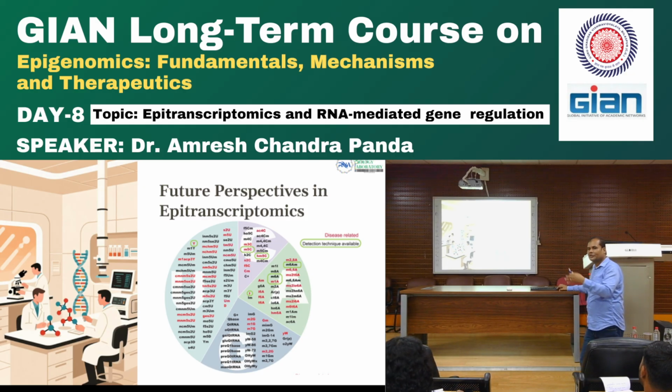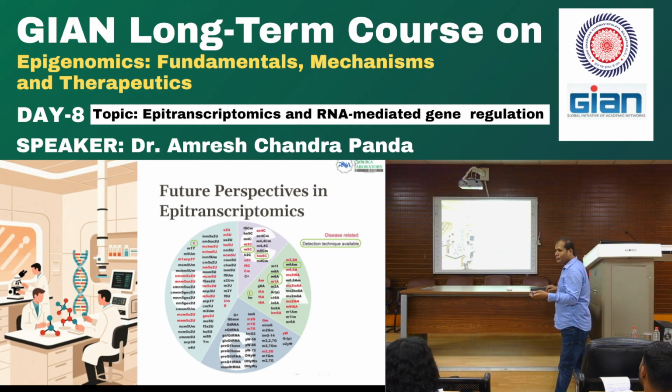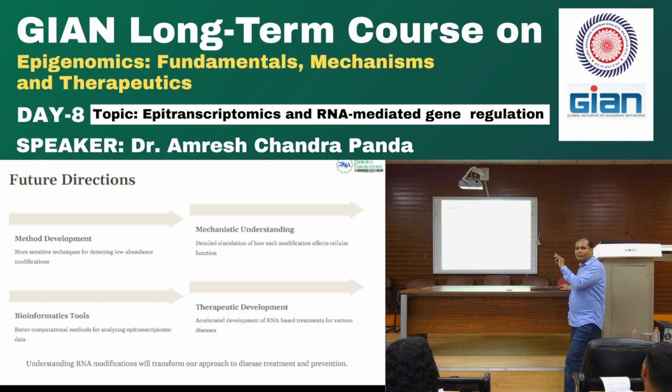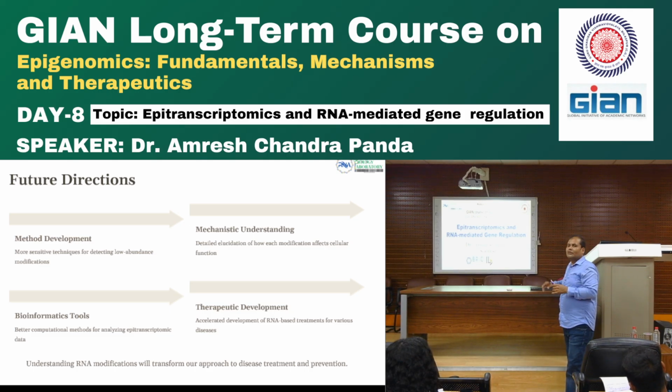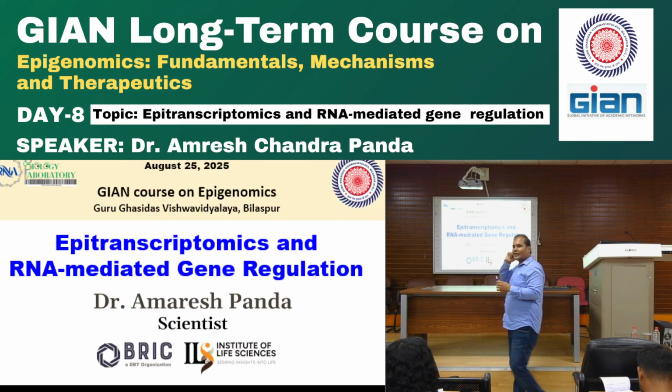But we first need detection methods, antibodies, or any pull down method to study how these modifications are affecting different diseases. So better methods for detection, better bioinformatic tools for identifying, and then therapeutic application. Lots of things need to be done in this area of RNA modification.